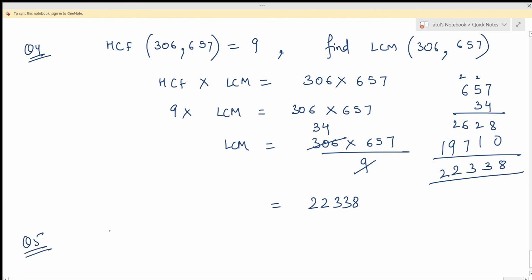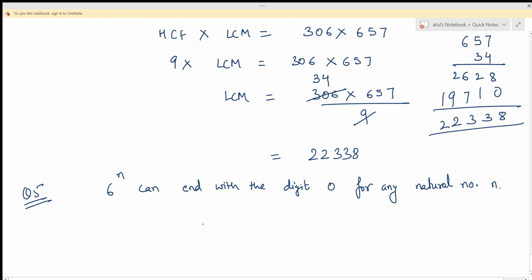Now another question came, question number 5. You have to check whether 6 raised to the power n can end with the digit 0 for any natural number n. Now let us express 6 by its prime factors. 6 can be expressed as 2 into 3, so I can write 6 raised to the power n as 2 into 3 raised to the power n.